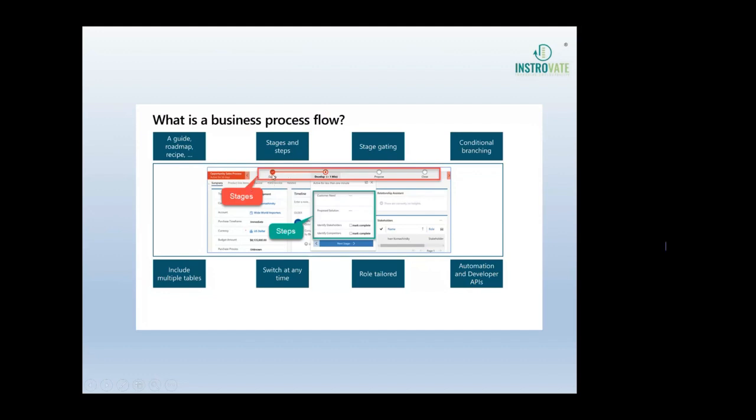So basically here we are talking about the business process flow. At the top you can see all the stages, and these stages are part of the business process flow. First it will go to the quality check, then it will go for the development, then the tester will test.